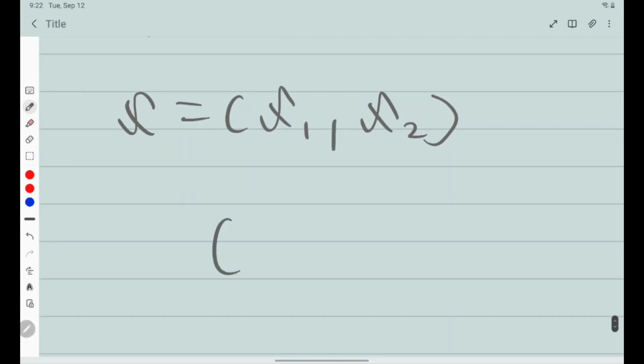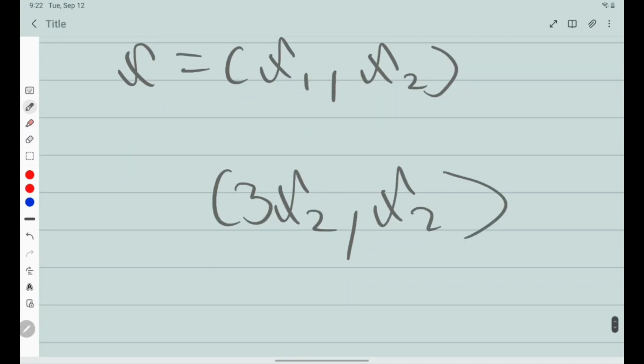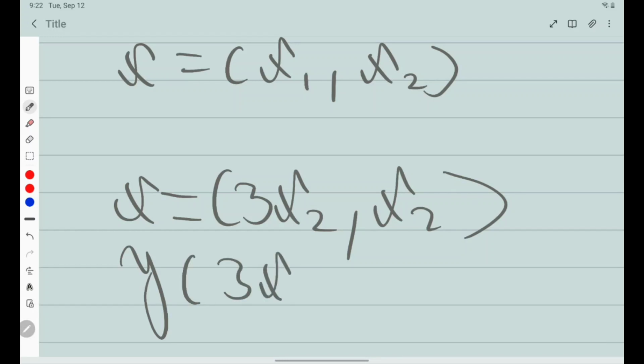So we can rewrite x1 in terms of x2. So then we get this. And we can also rewrite y completely in terms of its second element, so that every element is in terms of its second element.